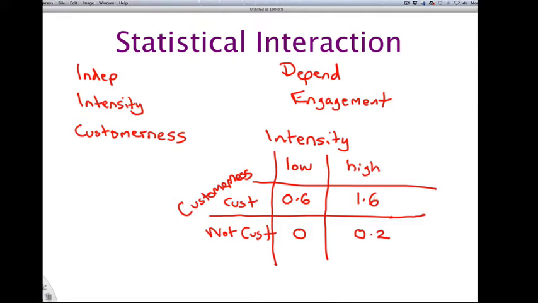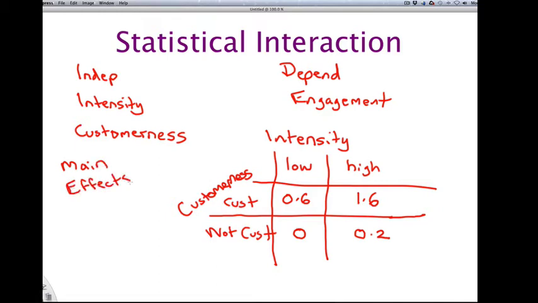So there are the values. You can see in this case that when you move from low to high intensity, the numbers get larger. So intensity is having an effect. And also, if you look at going from non-customers to customers, again the numbers get larger. So there are two effects, and they're known as main effects.